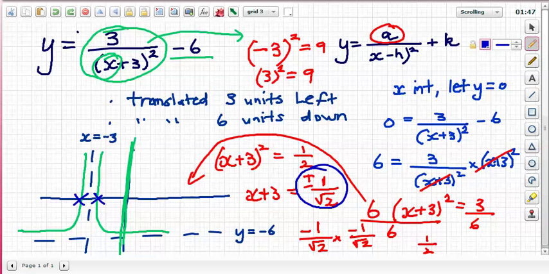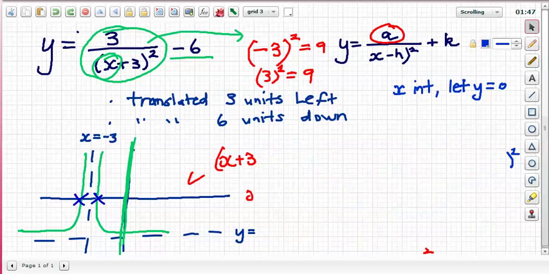So let's have a look. So clearing that off, we've got x int, let y equals 0. You've got all your working, which you wouldn't have rubbed out. I've had to do it to create some room. So we've got our x ints.